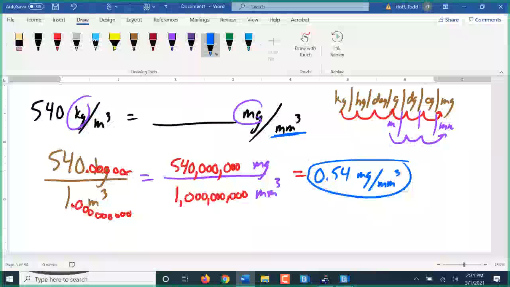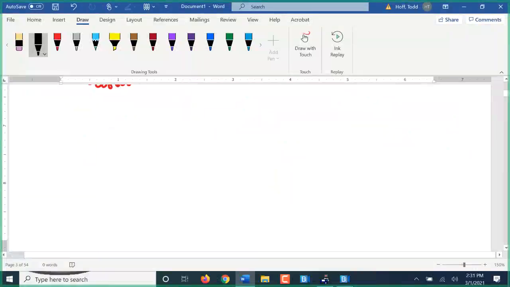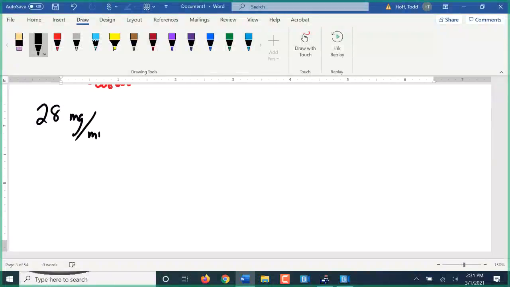I'm going to have you guys practice one of the metric conversions. We are going to go from 28 milligrams per millimeter squared to grams per centimeter squared.